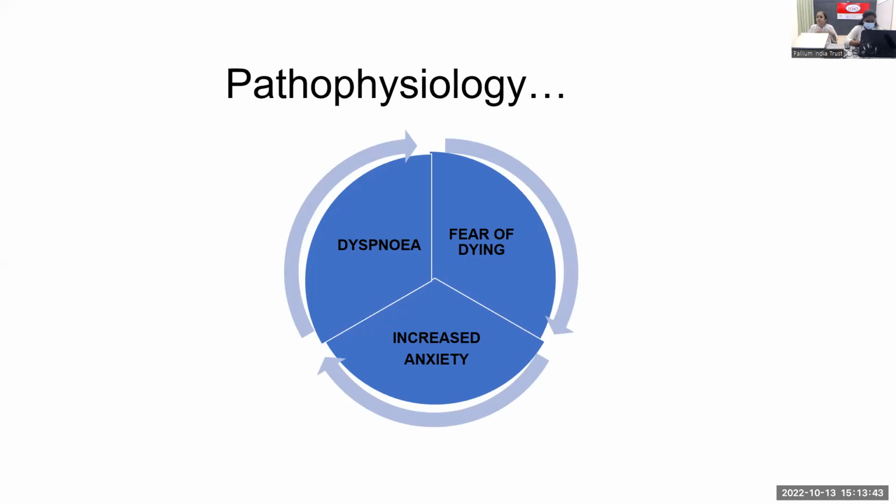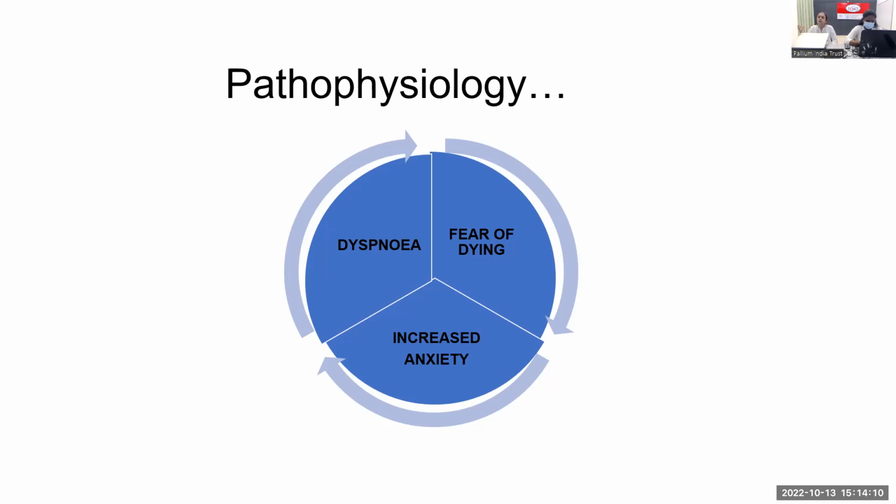So when someone has an illness like a cancer or a COPD or an interstitial lung disease, they feel that they are going to die very soon. Many patients, I have asked them, what is it that you feel when you are breathless? They become so anxious, their facial expression changes. They think that death is right in front of me. So any anxiety can increase breathlessness.